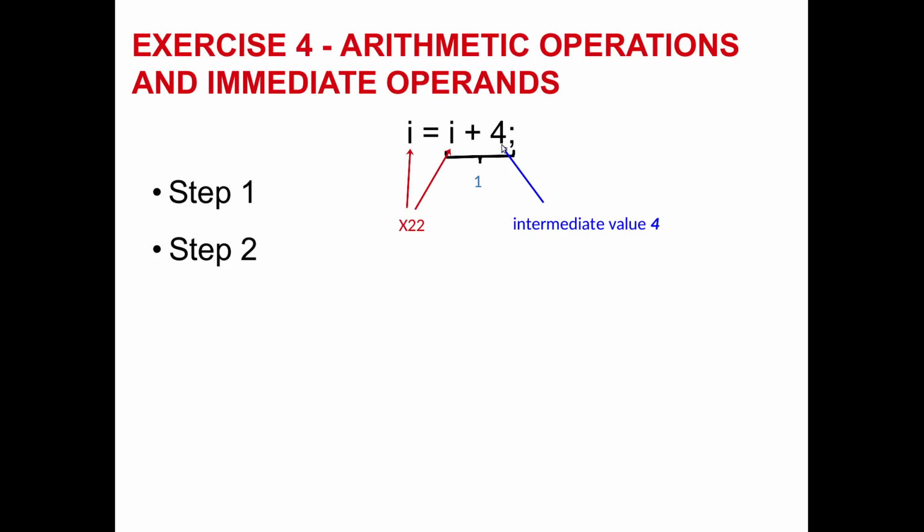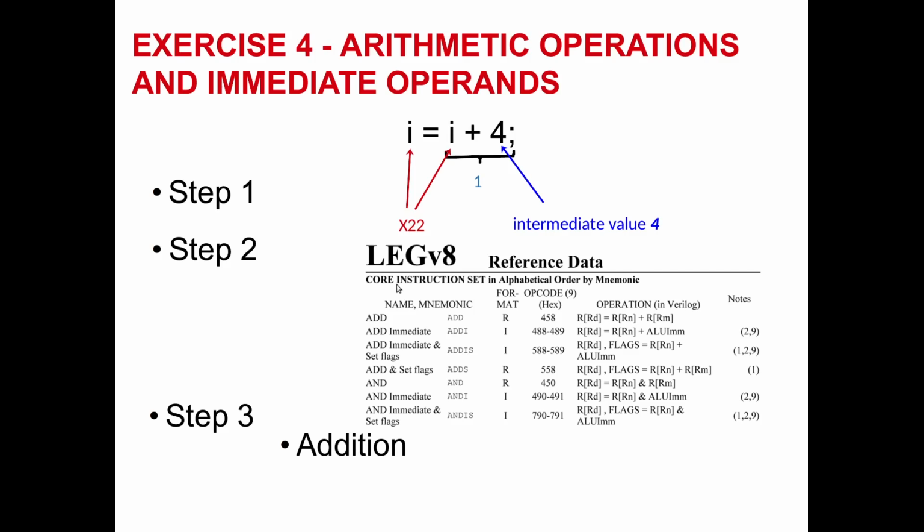So in step 3, we will need to look again at the LEGv8 reference data to find the addition with immediate, and we can find it here, ADDI, which is in format I, and it has the instruction format of ADDI, RD, RN, and immediate value, in which RD is the destination, and here it should be X22.